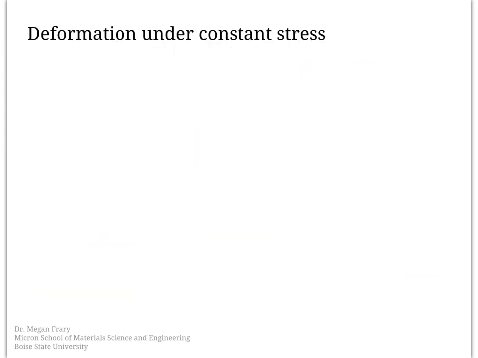So let's start with the case of constant stress, and let's assume that at some time we instantaneously apply a constant value of stress to our material. So just like this, at some time, we'll say t equals 0, we go ahead and apply a constant stress and we just hold it.